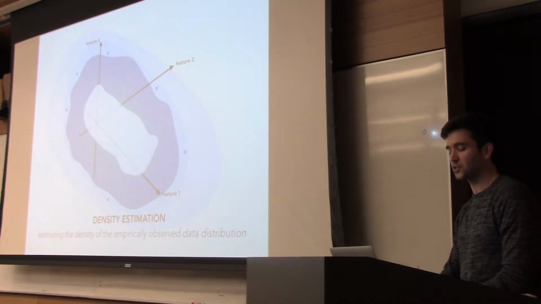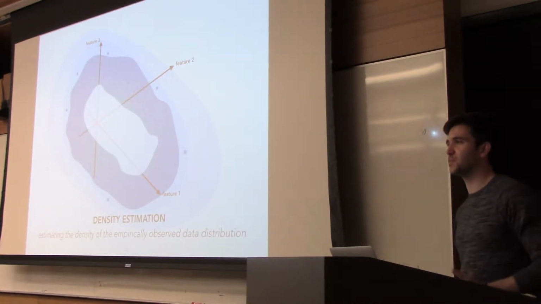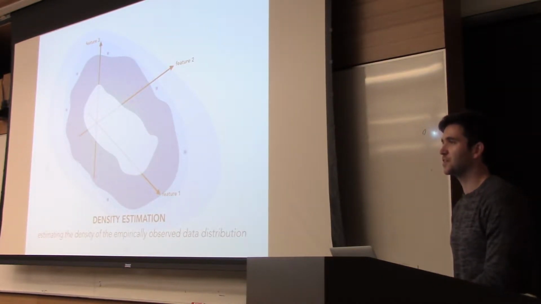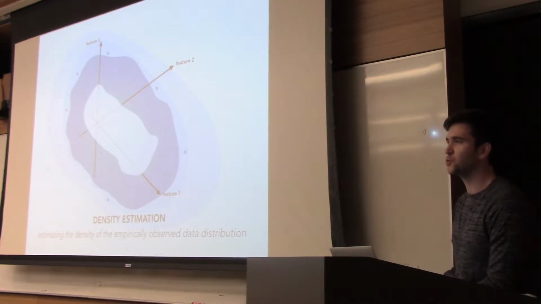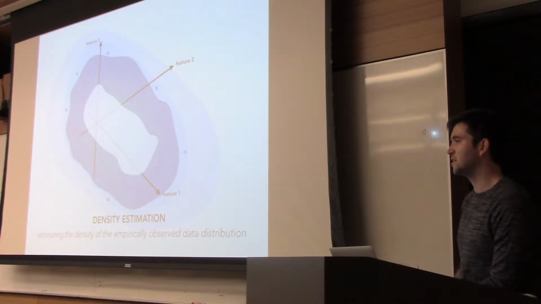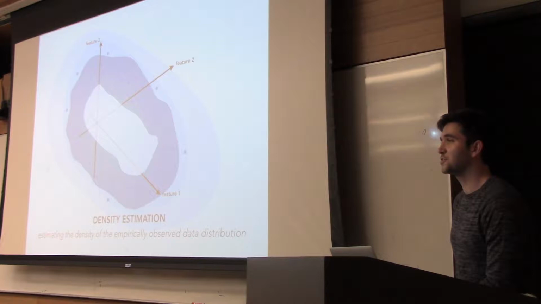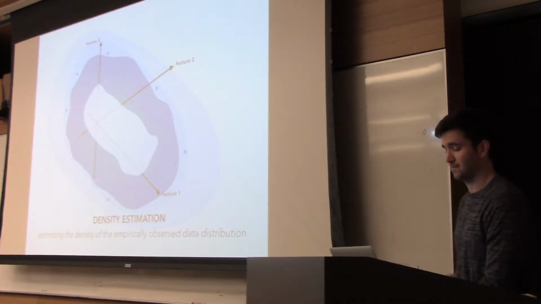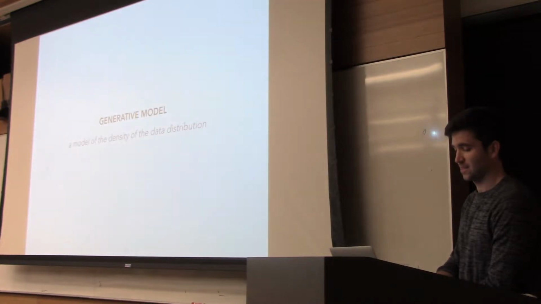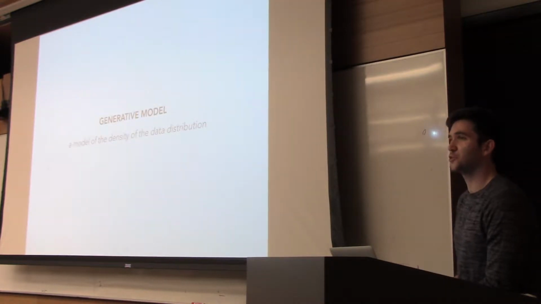What we'd like to do is estimate the density in this space. We'd like to be able to fit a model in the data space that tells us whether or not we should expect a data point to be here. And that is what a generative model is. It's just a model that estimates the density in the data distribution.